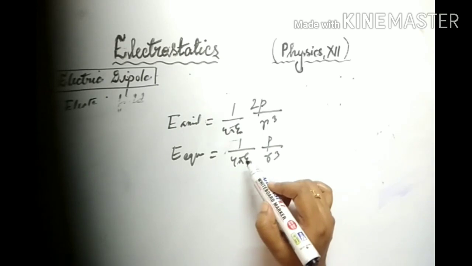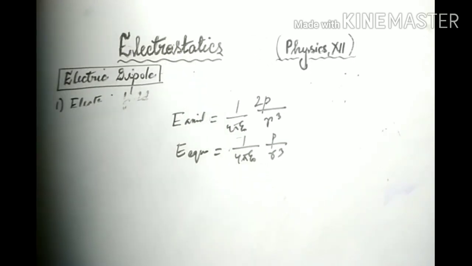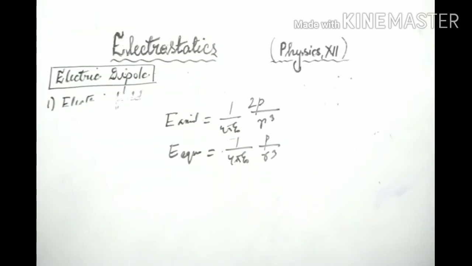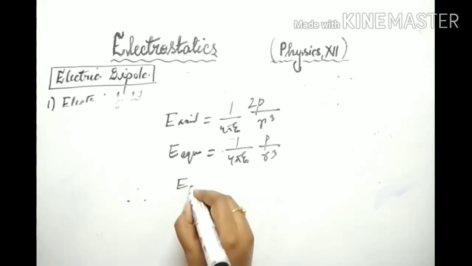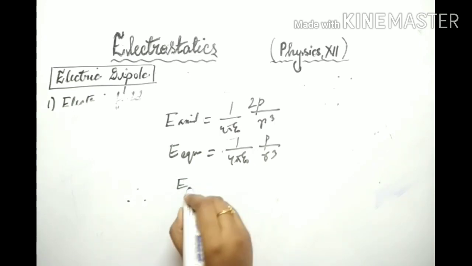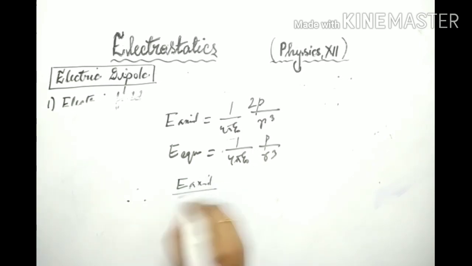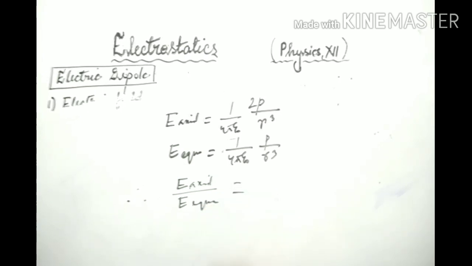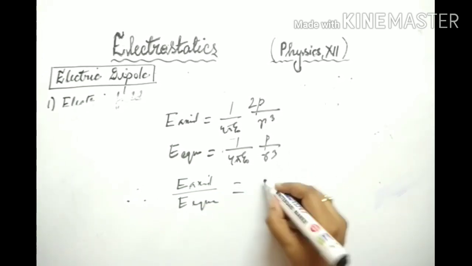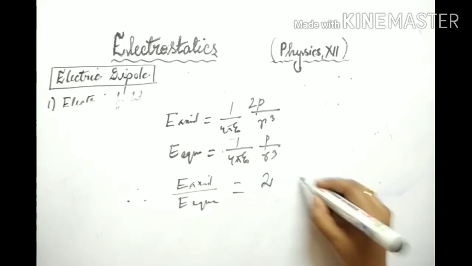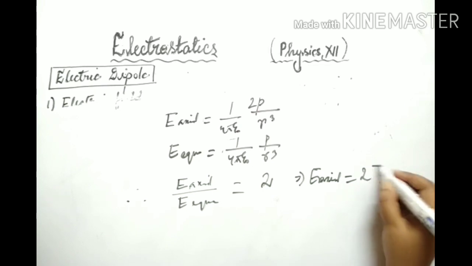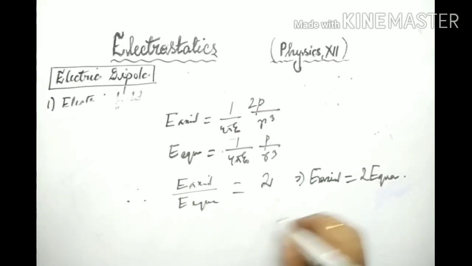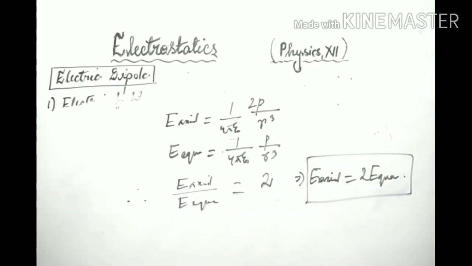When you are writing in scalar form, no need to mention the sign, no need to take the negative sign. So if you do E axial by E equatorial, what will happen? All the terms will get cancelled and 2 will remain if you take the ratio. So E axial equals 2 into E equatorial. Very important, 2 marks question may come.